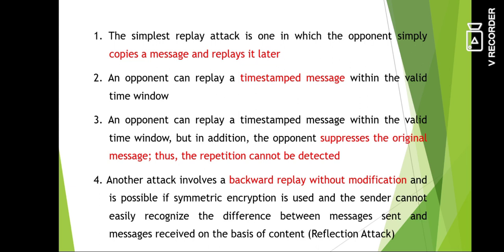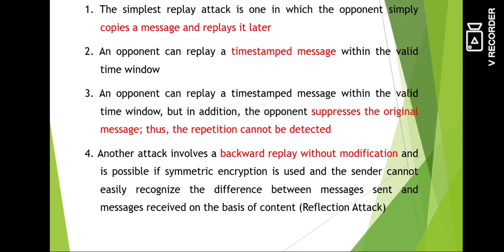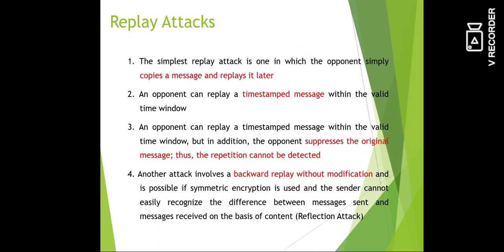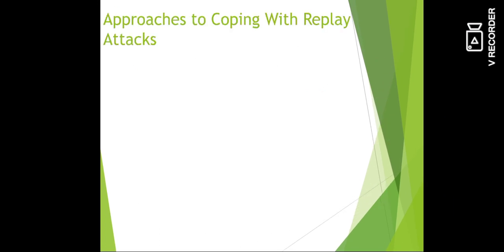In the third, the opponent can replay the time-stamped message within the time window, and in addition may suppress the original messages, so the repetition cannot be detected by the parties. The fourth involves backward replay without modification. These are the several types of replay attack.